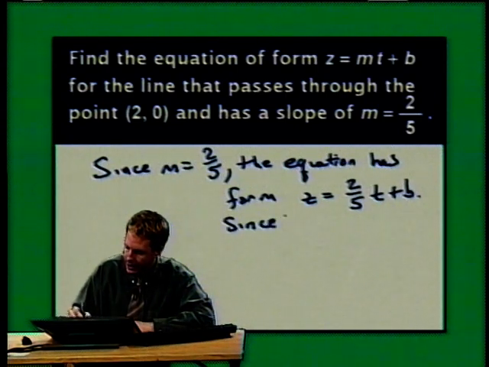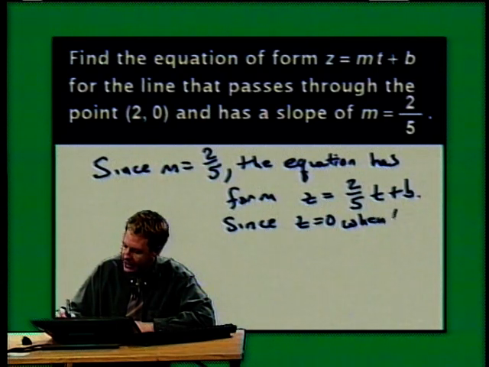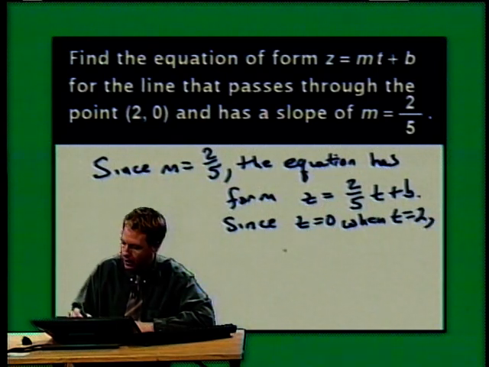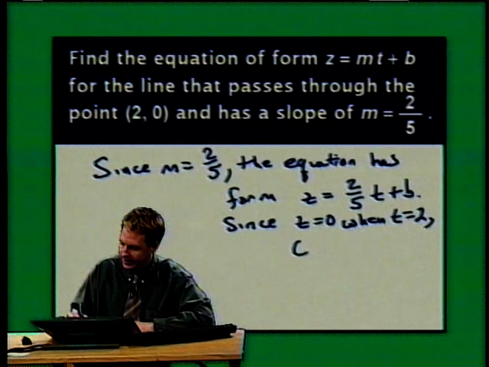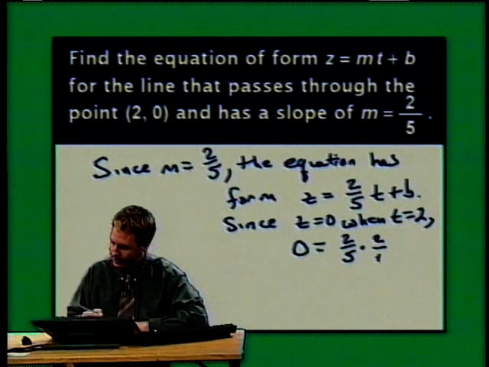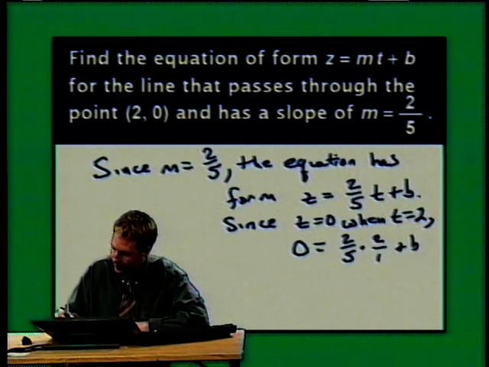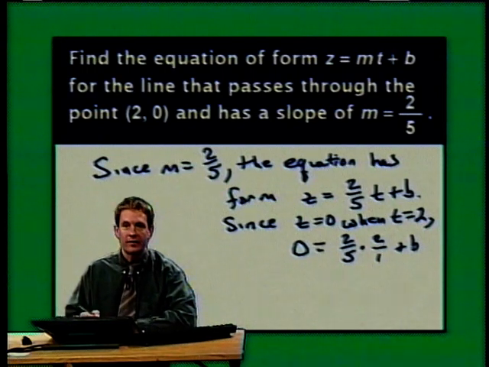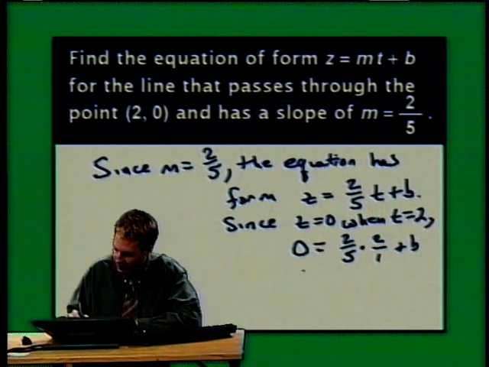Since z equals 0 when t equals 2, it must be the case that 0 equals 2/5 times 2. I'm going to go ahead and write that 2 as 2 over 1 to help me with the arithmetic, plus b. 2/5 times 2 over 1 is 4/5, so 0 equals 4/5 plus b.